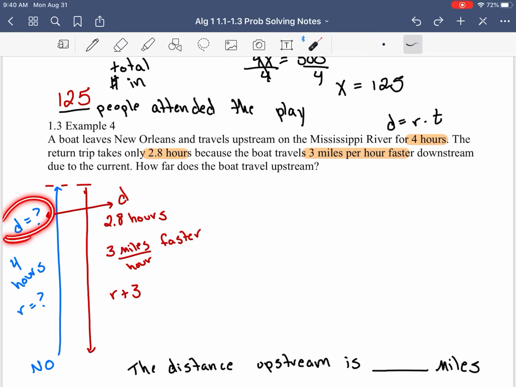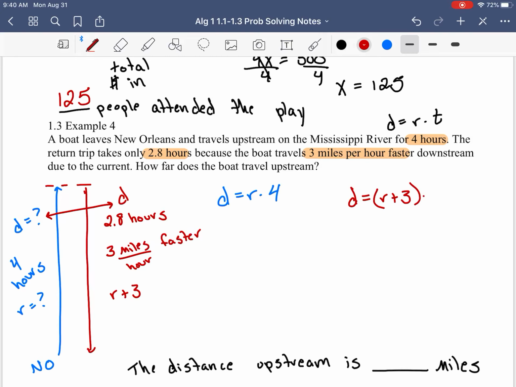The distance on this side has to equal the distance on that side. We know distance equals rate times time. So in blue, upstream: distance equals my rate, R, times time, 4. Now in red, on the return back, distance equals rate, which is R plus 3, times time, which is 2.5.